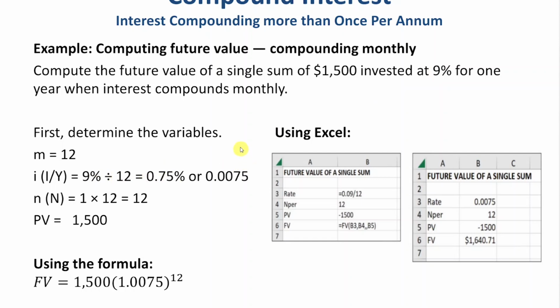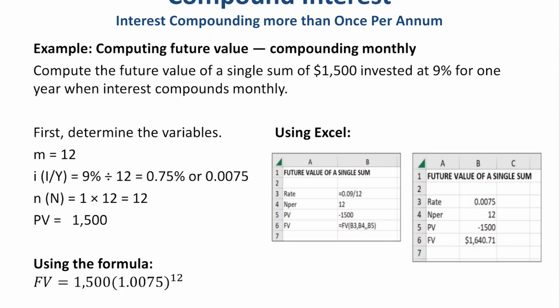The number of periods for 1 year will be 12, because you have 1 year times 12 times of compounding a year. Your principal, present value, is $1,500. Using the formula, it's $1,500 times 1.0075, which is 0.75%, to the power of 12.